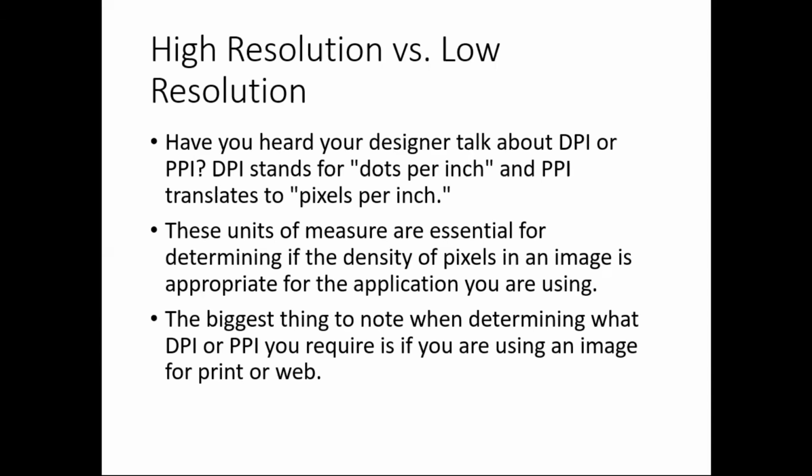DPI is mainly used for printing purposes, right? What is the meaning of dots per inch? Dots per inch means how many dots are printed in an inch, the measure of the number of dots that are available in a single inch.